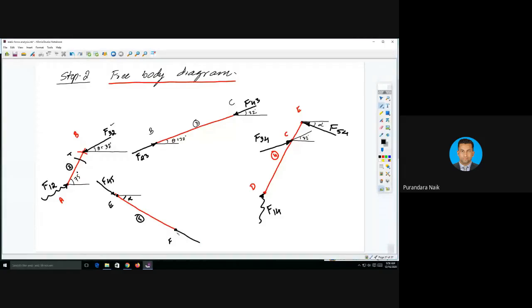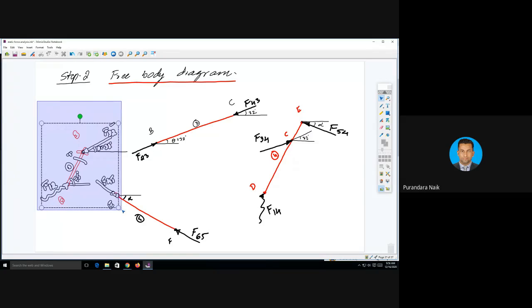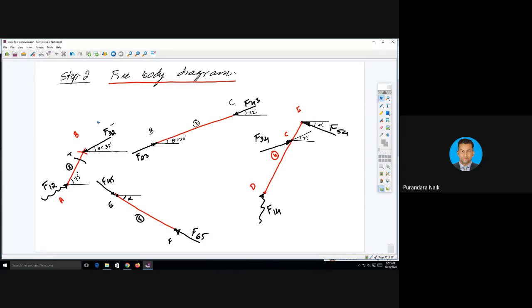This is the force, that is F65. F65. Last one is a piston.